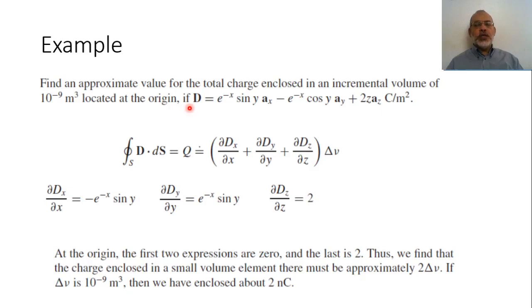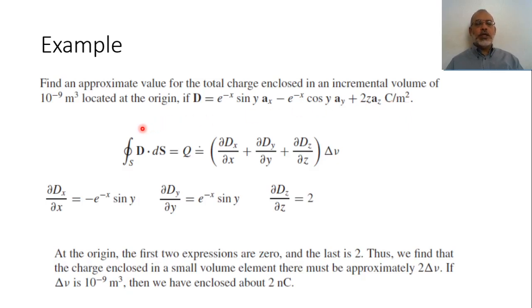The electric flux density D equals e to the power minus x sine y in the x direction, minus e to the power minus x cosine y in the y direction, plus 2z in the z direction, coulomb per meter squared.